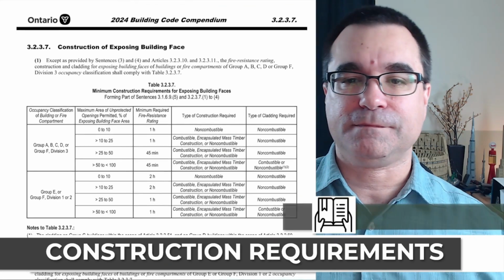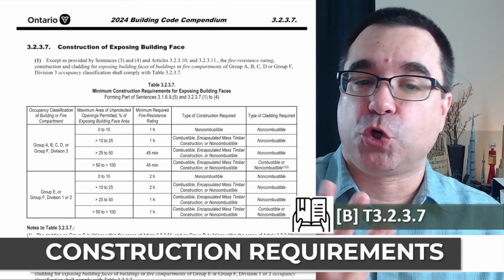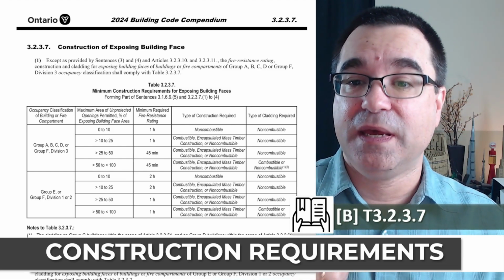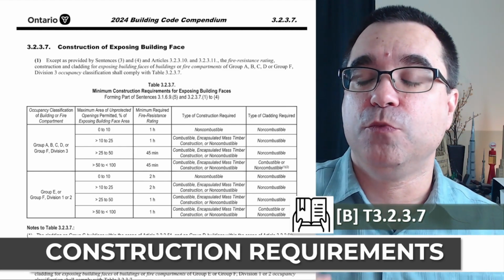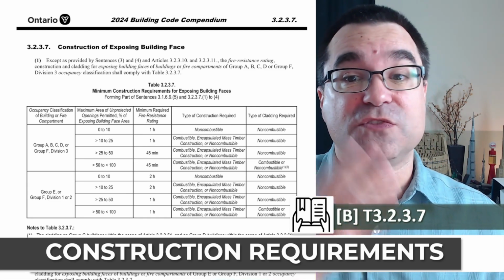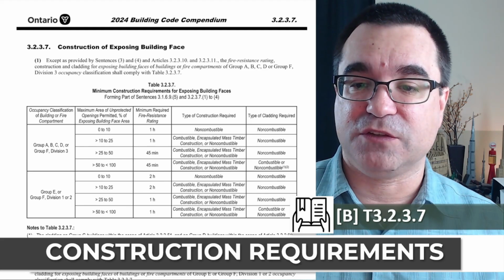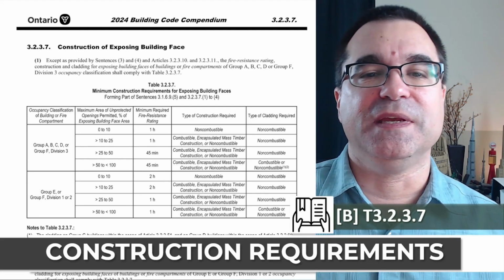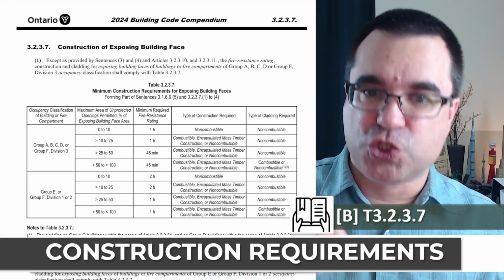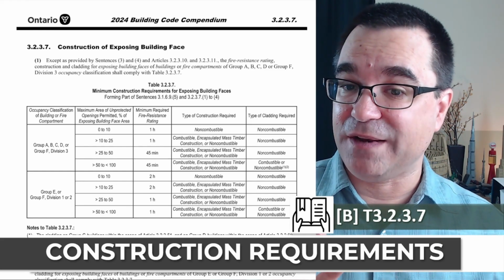Okay. Now, if you're also asked to determine the construction requirements of that face of that building, you would move on to table 3.2.3.7, which is just a few pages after these 4 tables we just identified. This table is very convenient because it contains the minimum construction requirements for each exposing building face that you're analyzing.